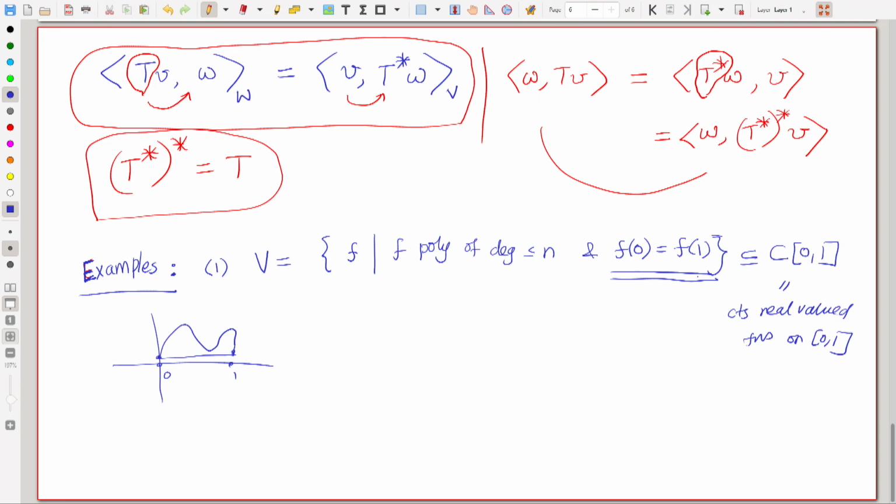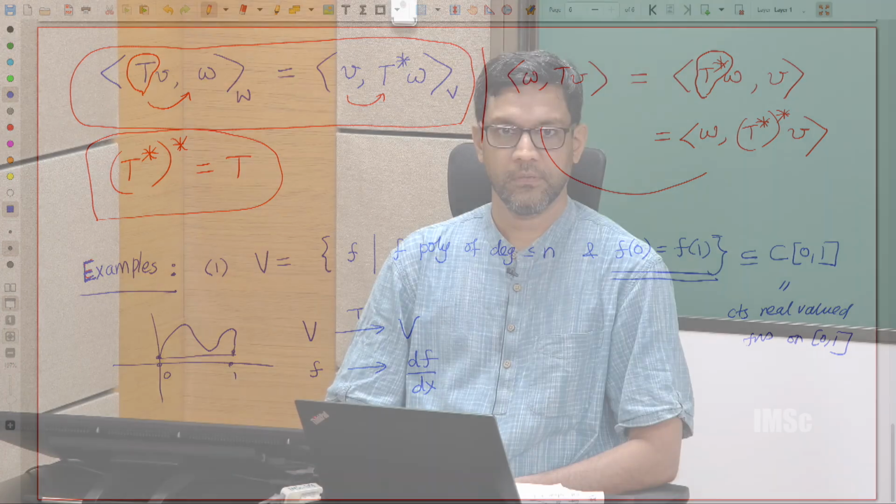Okay, now why am I doing this? Because I am going to define a certain linear operator on V. Okay, so I am going to take the derivative. So I take polynomials of some bounded degree with this property, that f0 equals f1, and then I compute the derivative of this guy.